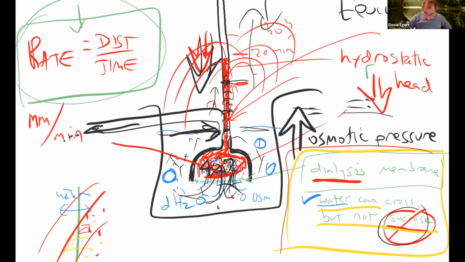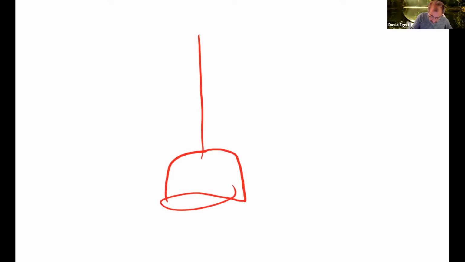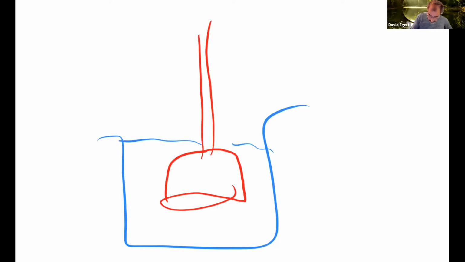So when you're thinking about, again, here's my distilled water, and here's like 40% sucrose.